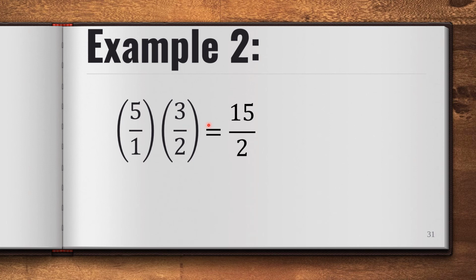So 5 times 3 is 15 and 1 times 2 is 2. 15/2 can still be simplified. We are going to write this as a mixed number if your teacher told you so. In mixed number, that is equivalent to 7 and 1/2.